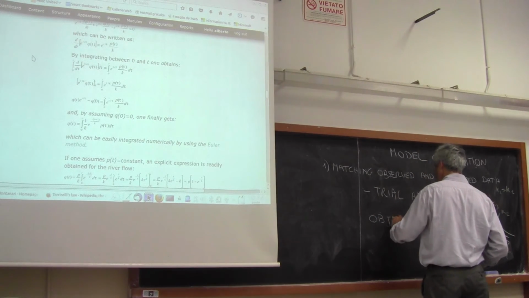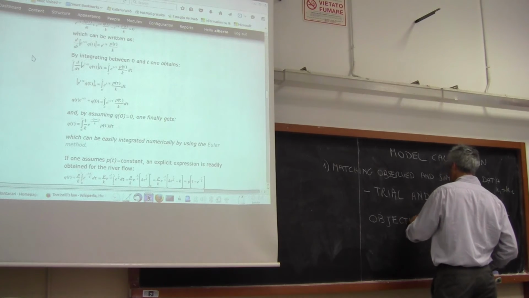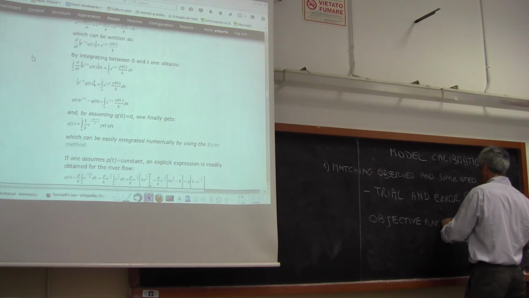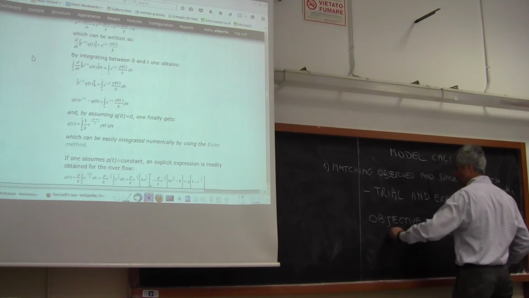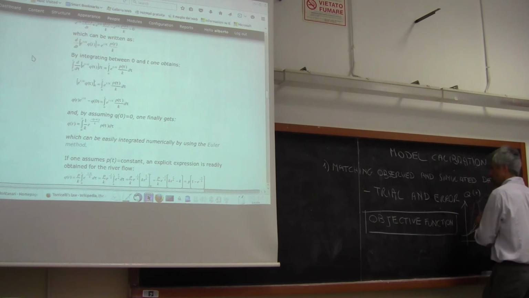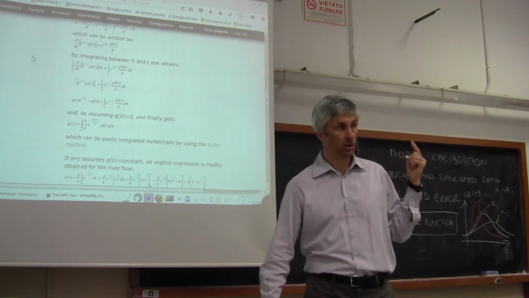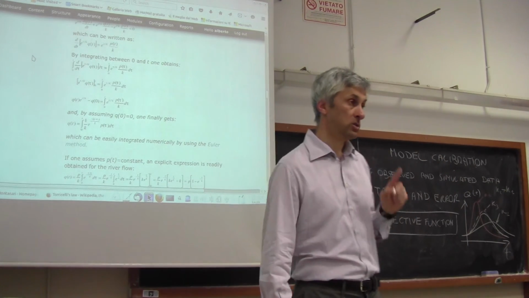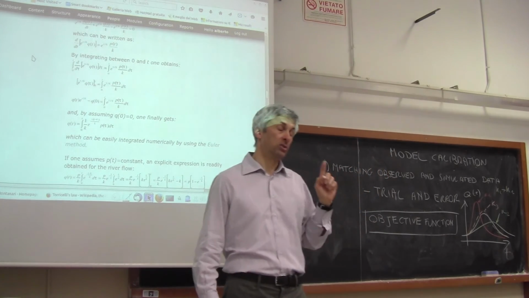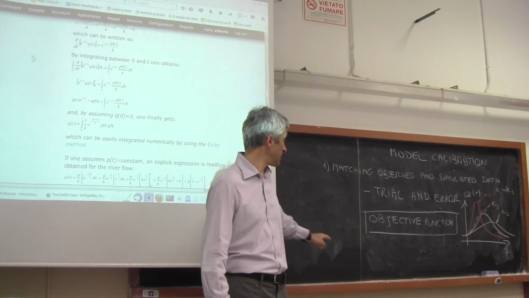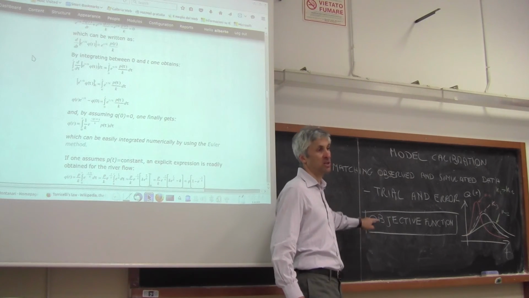So basically, what the computer does is compute the objective function for millions of parameter combinations and identify the parameter combination that provides the best objective function.